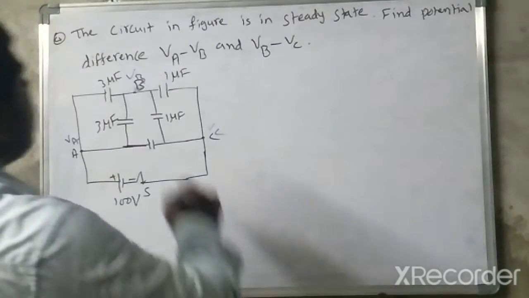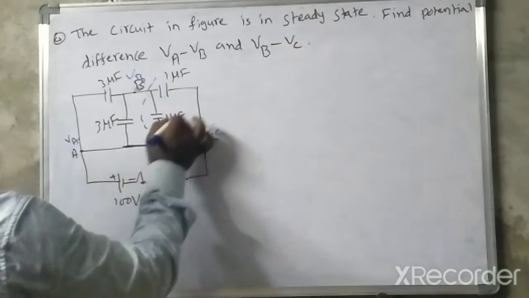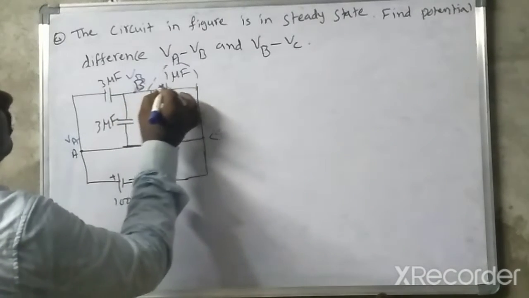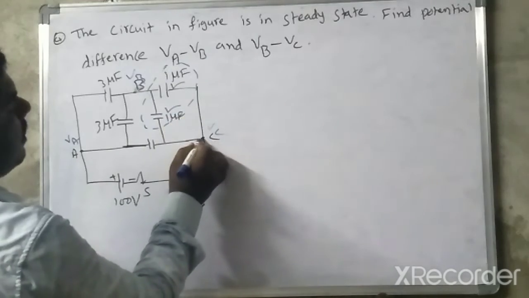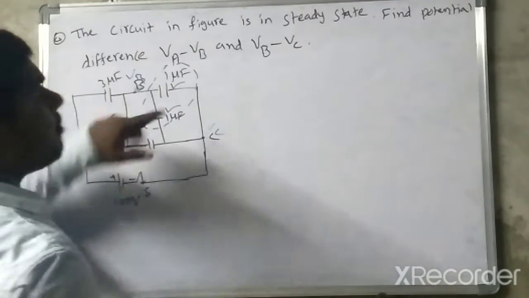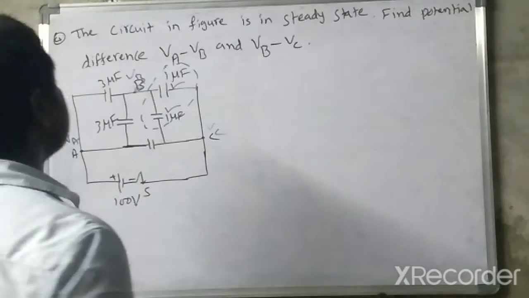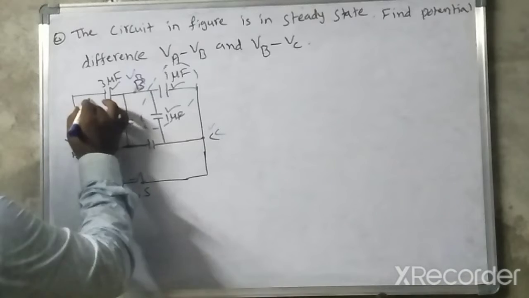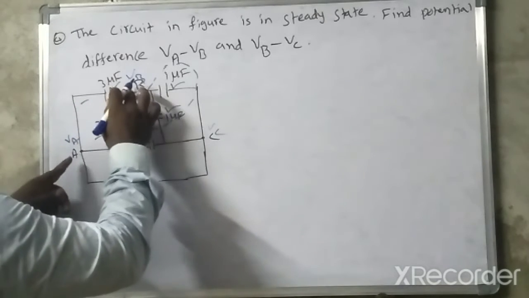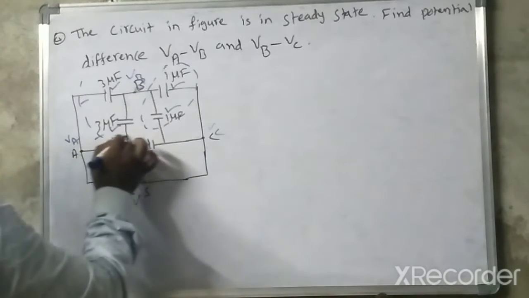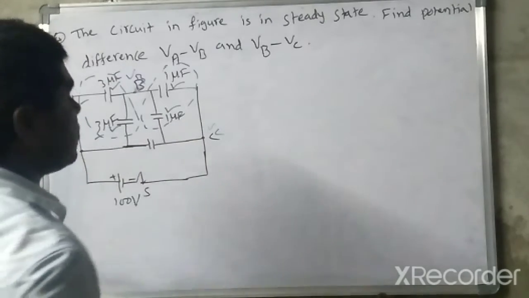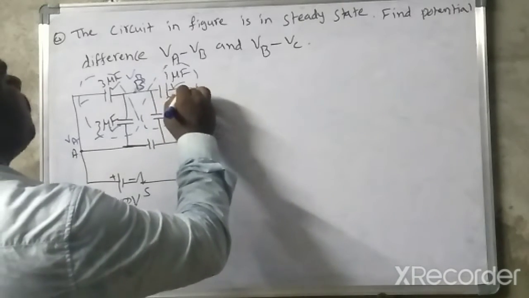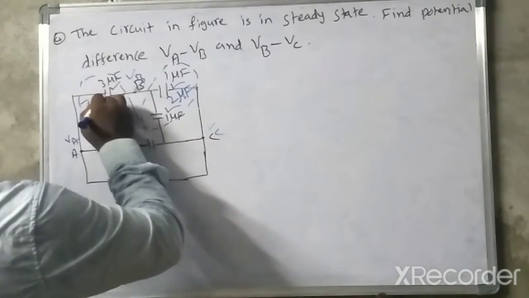So here these two are connected in parallel. How are these two connected in parallel? Here the B potential connects this capacitor and this capacitor, and C also connects these two. So the potential is the same, so they are in parallel. Similarly here also B, but here A; these two capacitors are also in parallel connection. In parallel connection you simply add. So here the resultant is 2 microfarad, here the resultant is 6 microfarad.